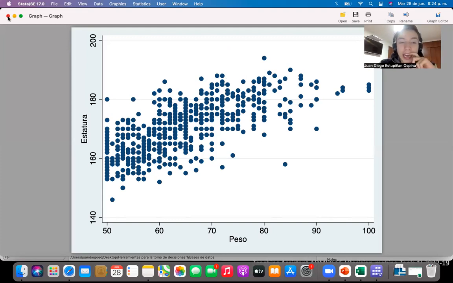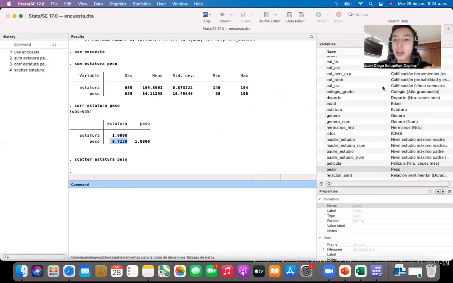Also, for example, we can create graphs divided by some categories that we choose from the variables. So for example, I want to graph the height and the weight, but divided by the gender of the respondent. So to do that, we will use the command twoway scatter, the two variables that we want to graph.